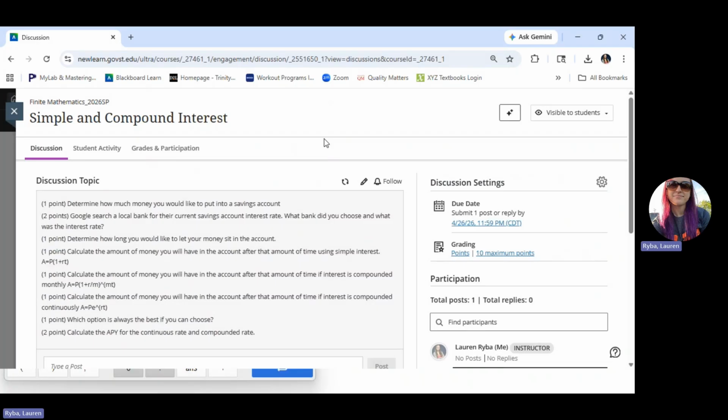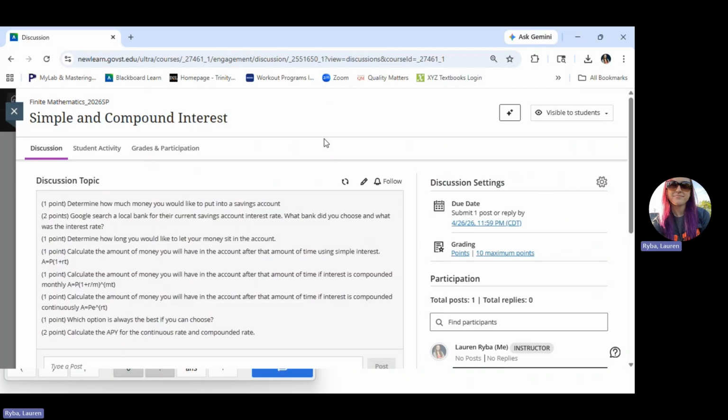So you're calculating simple interest, compound monthly, and compound continuously. Next question, which option is always going to be the best if you have the option to choose? And then lastly, for your compound values, monthly and continuously, calculate the corresponding APY.